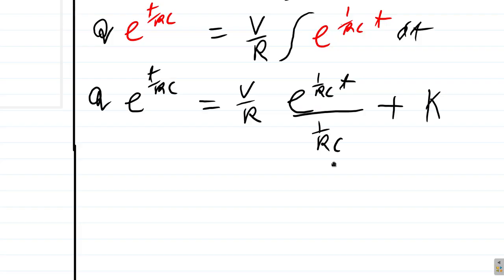Now, let's rewrite this part here. So what we have is q e to the t over rc equals... remember, when you have something divided by a fraction, it's the same as that thing multiplied by the reciprocal of the fraction.